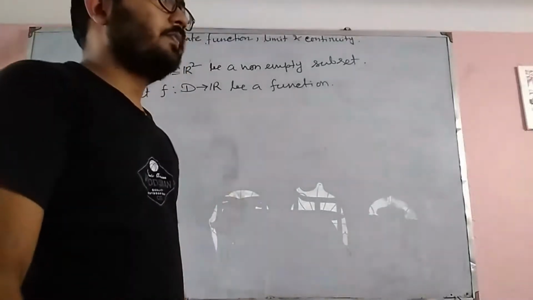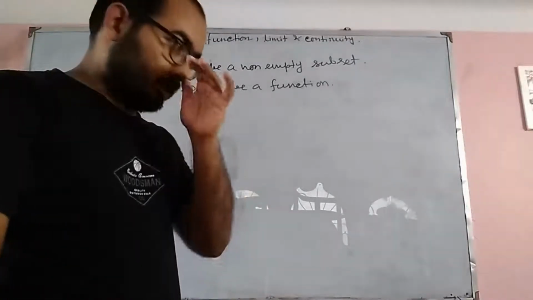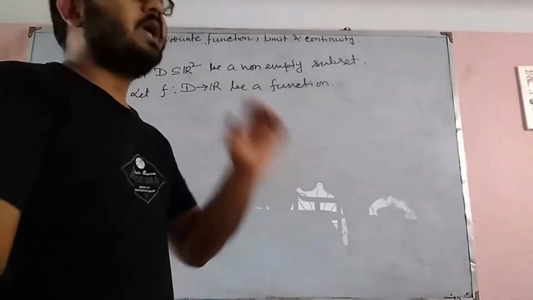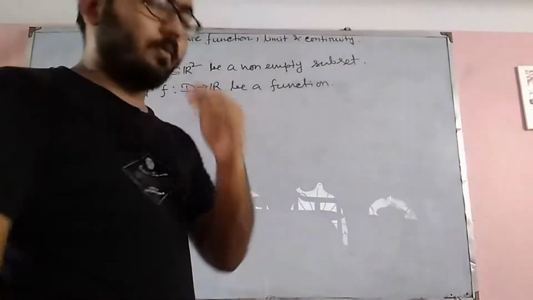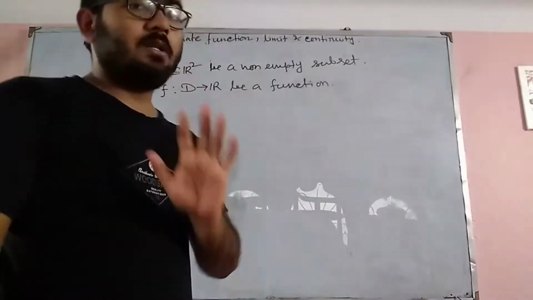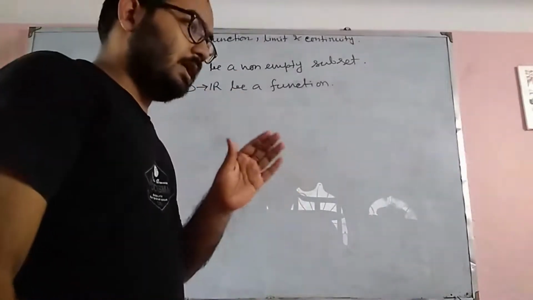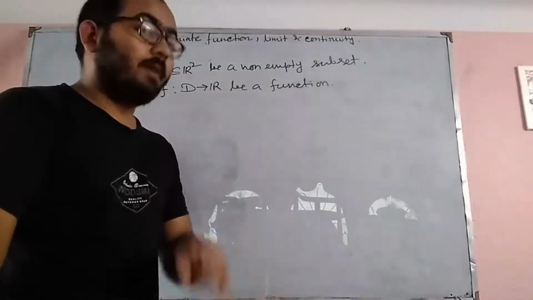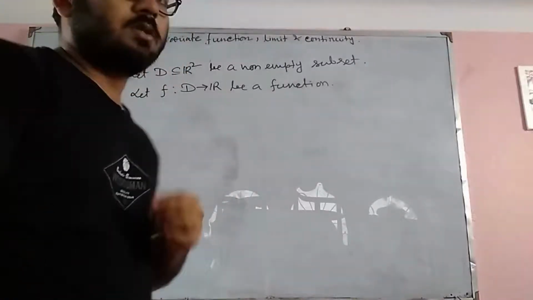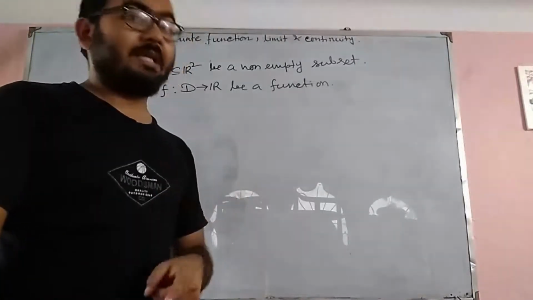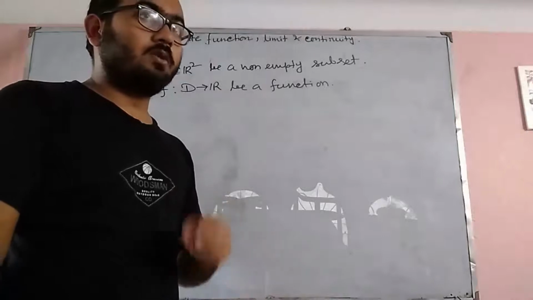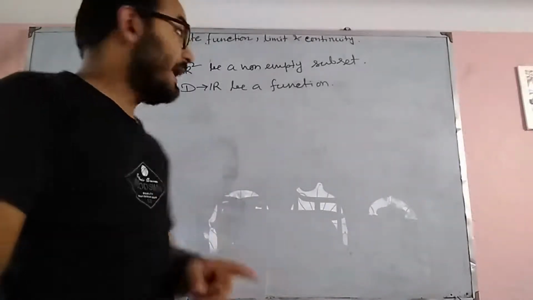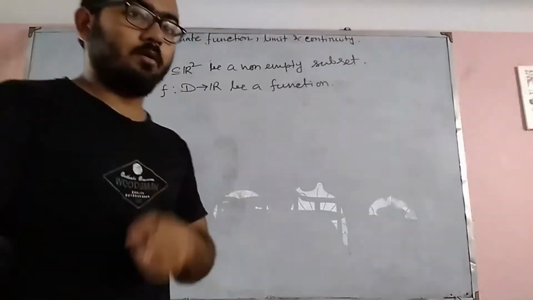Now see that in the definition of limit, the point (a, b) at which we estimate the limit may or may not be in the domain, but it has to be close to the domain. But in the definition of continuity, the point at which we determine the continuity of the function has to belong to the domain.